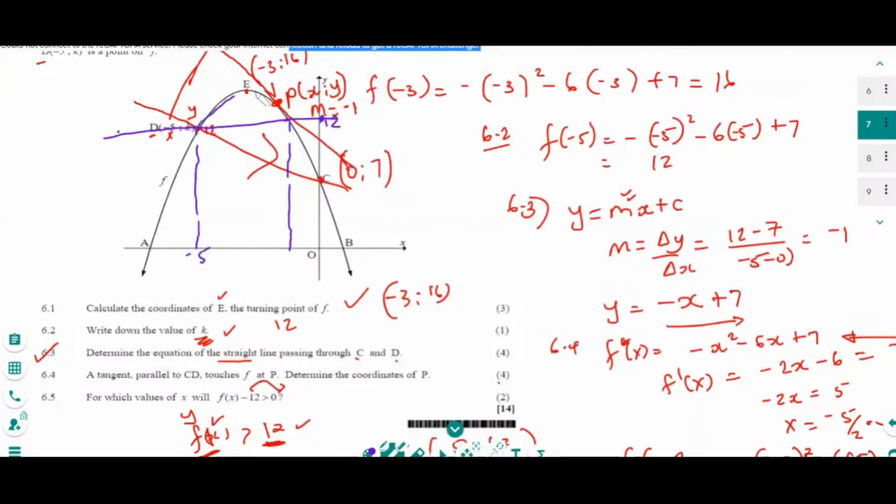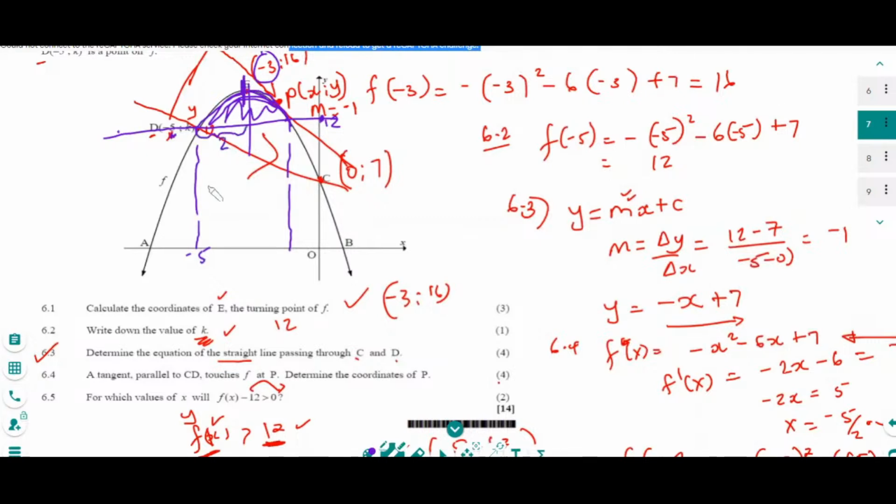So this is the area of interest. So between which x values? Since I know that E has x as -3 and it's a turning point, how many units do I have between -3 and -5?